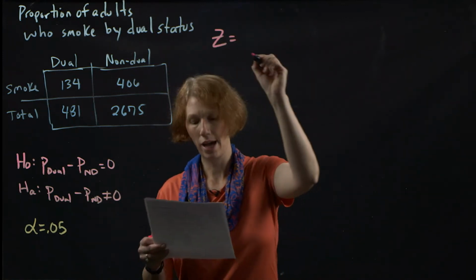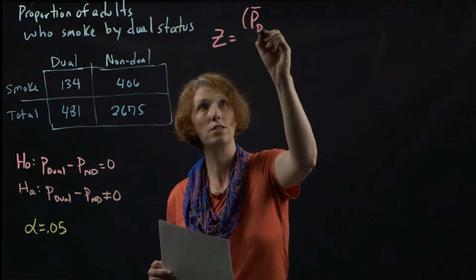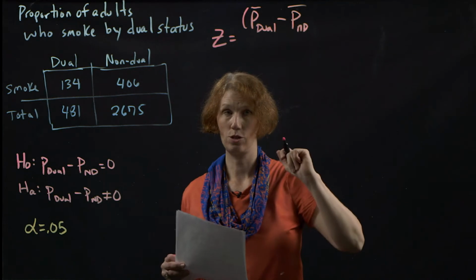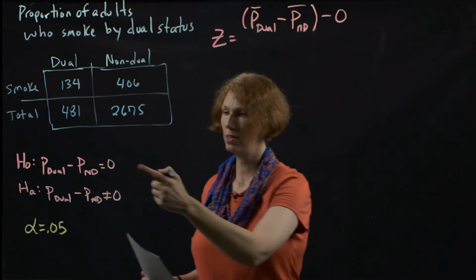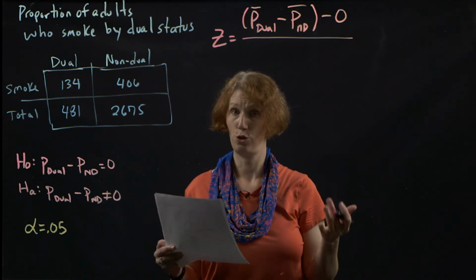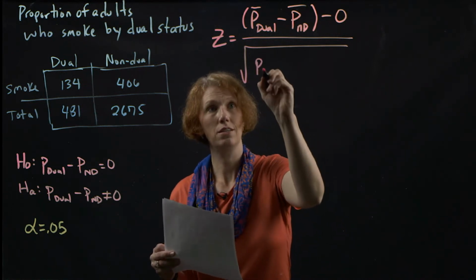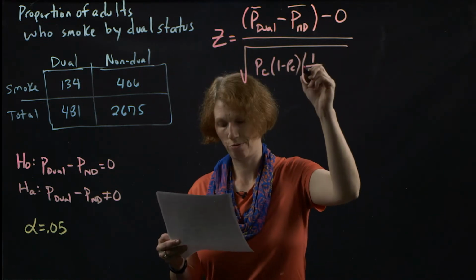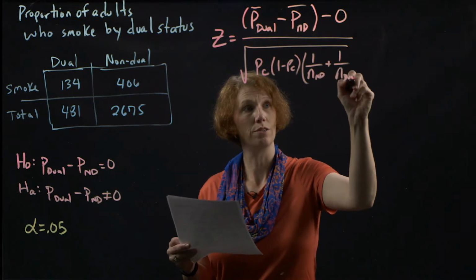Specifically, we have three parts. We have the point estimate of the difference, which is going to be p bar dual minus p bar not dual, which I'm going to subscript with ND, minus the value under the null hypothesis, which is just 0 in this case, divided by the standard error of the difference of two proportions, which is going to be equal to the square root of PC times 1 minus PC times 1 over n non-dual plus 1 over n dual.